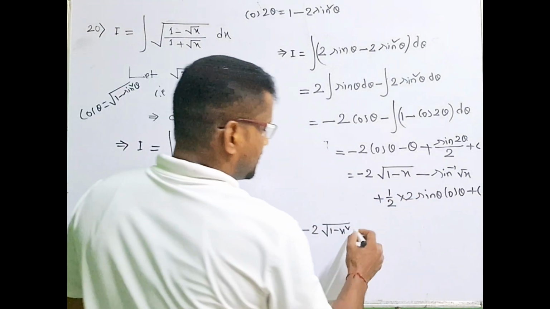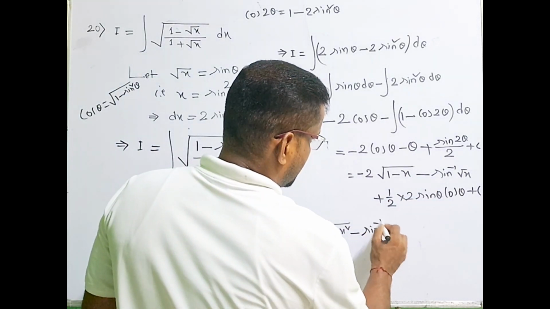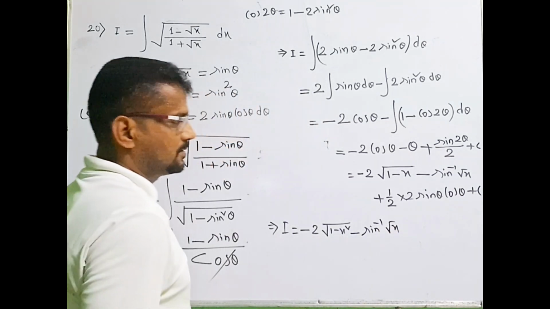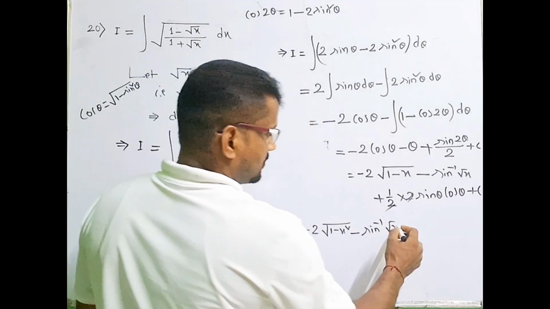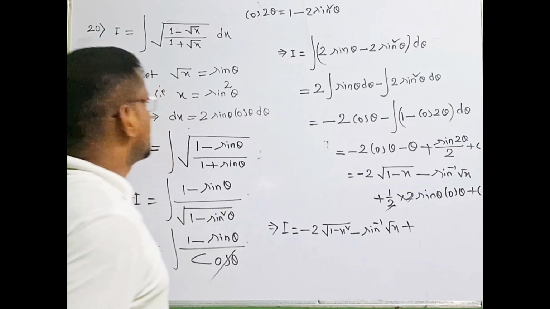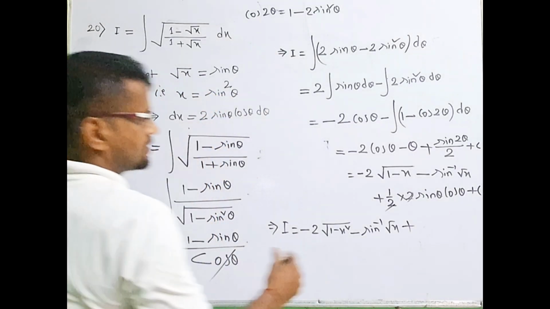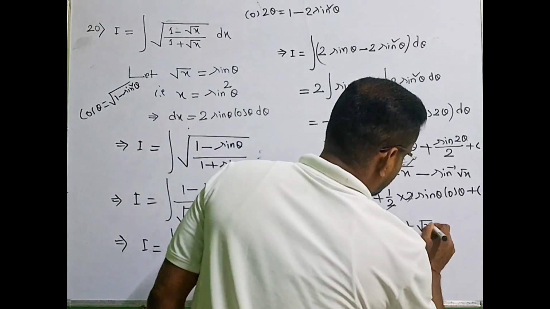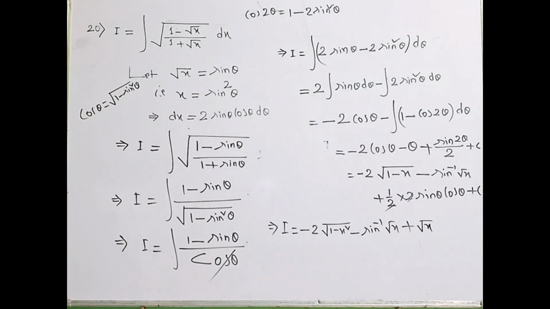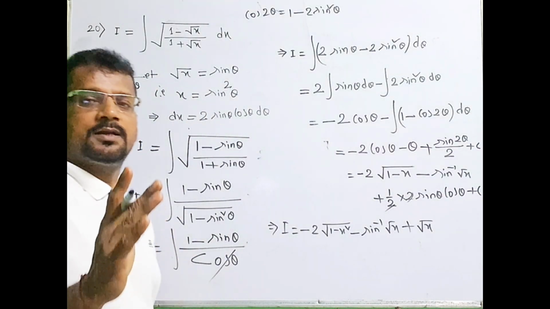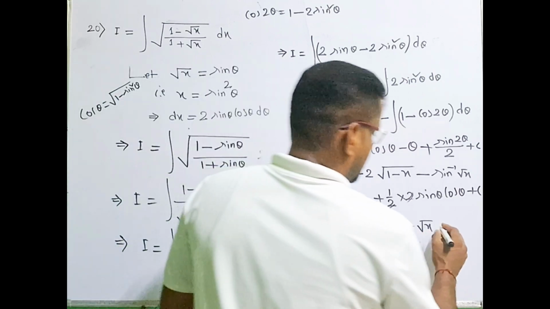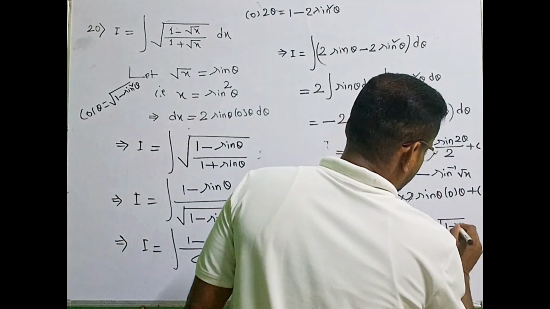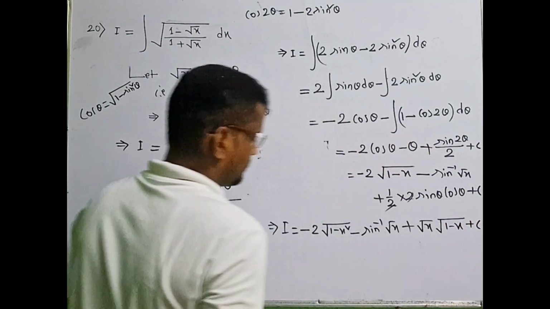Then minus sine inverse root x. 2 cancelled out, plus sine theta. Sine theta is directly root x. And cos theta, under root over 1 minus sine square theta, means 1 minus x. So under root over 1 minus x, plus c.